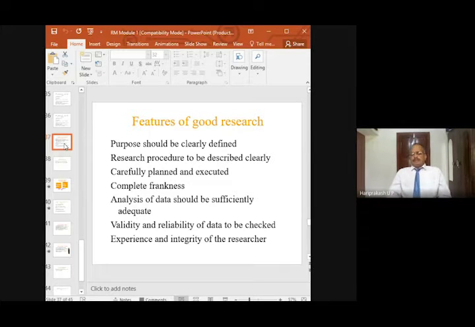Objectives is nothing but the purpose. So you have to very clearly define the objectives of the research. Objectives of the research is related to the topic. Which topic? The area of research that you are going to do. So the very first step is identification of your research area or the topic.